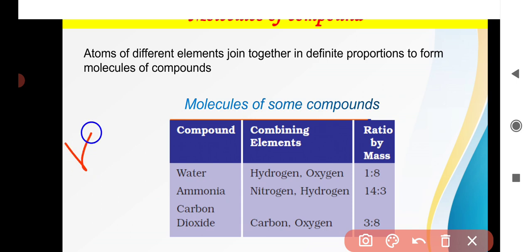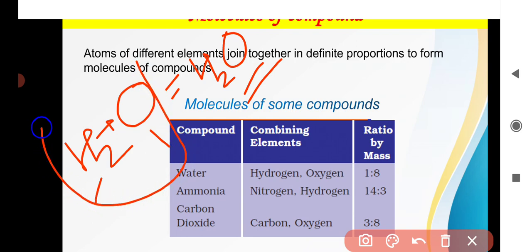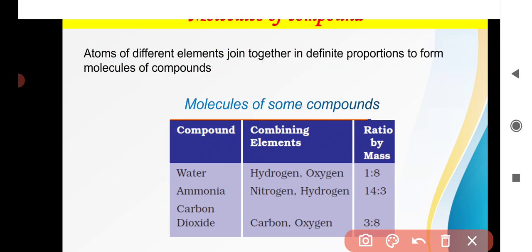For example, when two atoms of hydrogen combine with oxygen, they form H2O. Suppose in a test tube you have added hydrogen and oxygen, where the mass of hydrogen is 2 and the mass of oxygen is 1. The final mass will remain 3, because we added 2 plus 1. So this is the law of chemical combination.